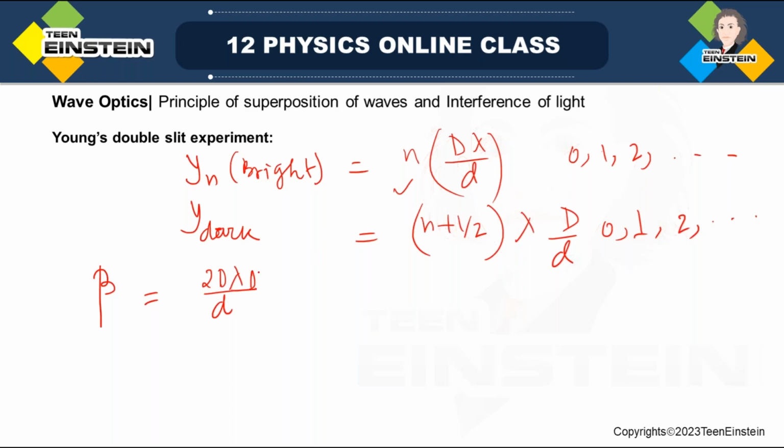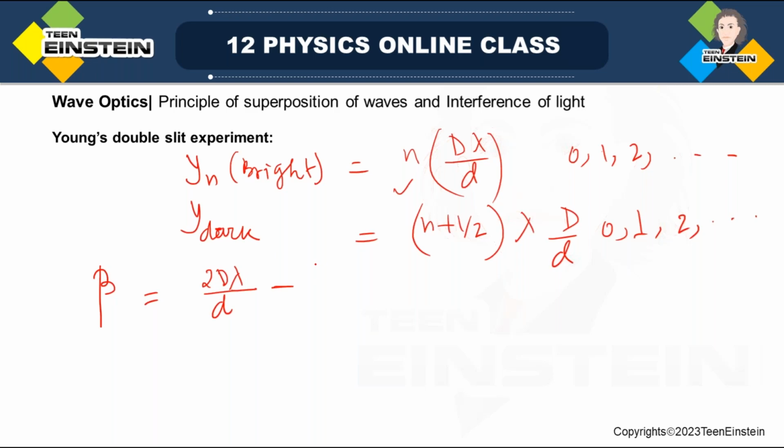And the second one, I don't know why I have written this, n is equal to, oh, this is D lambda by d, capital D, and n is 1 anyway, we are not writing.